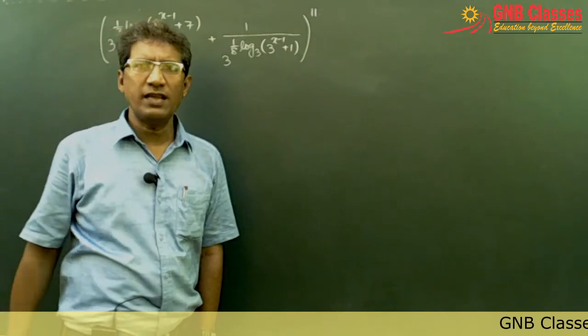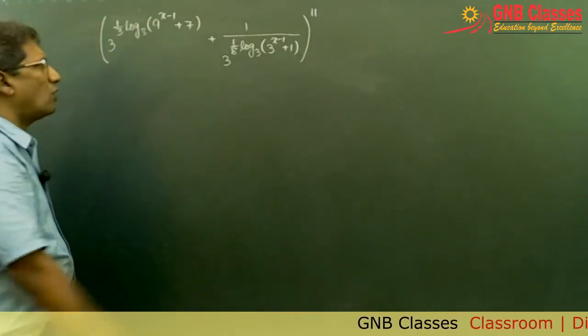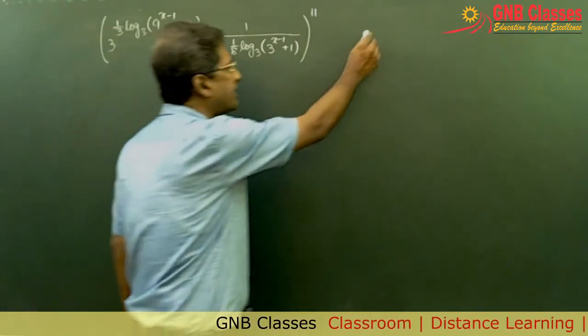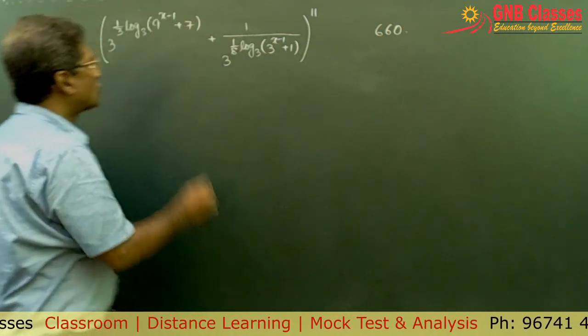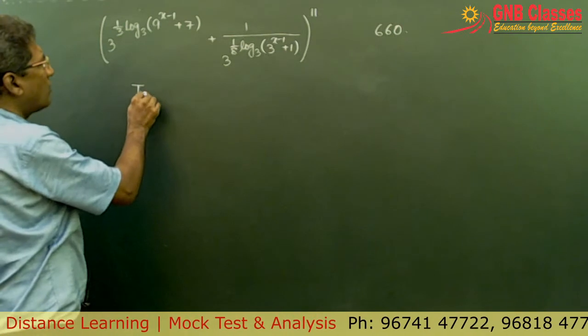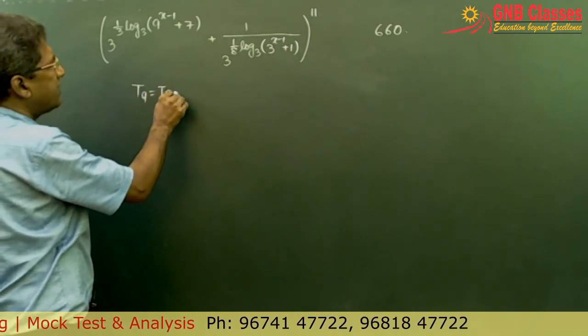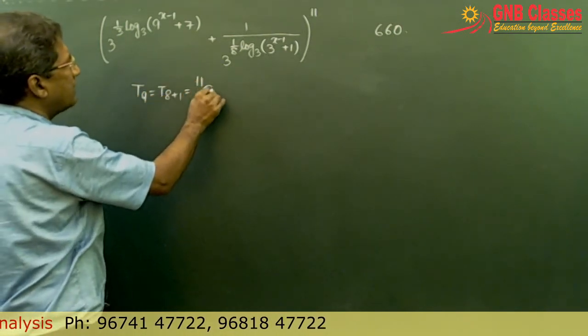In the first question, they have given us that the ninth term of this expansion is 660. Is it clear? So, what is our ninth term? Which is nothing but T8 plus 1, which gives you 11C8.